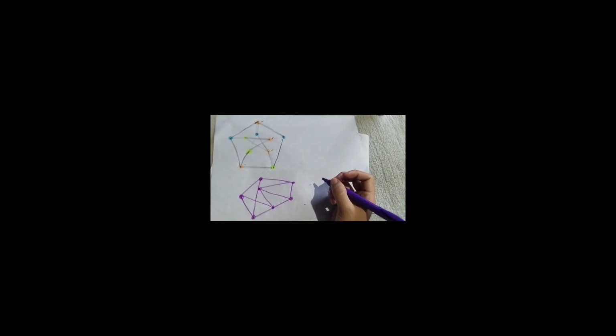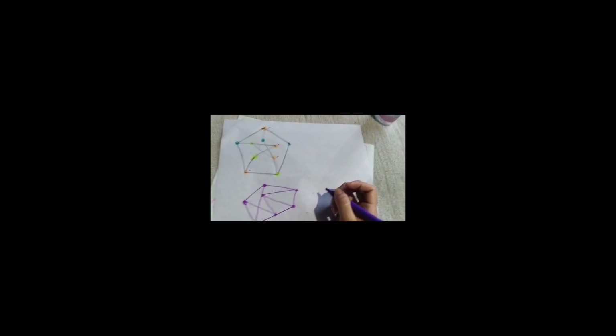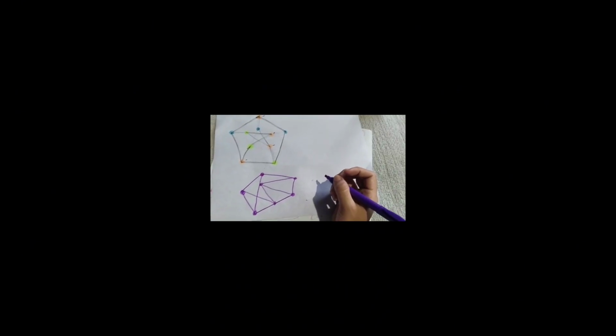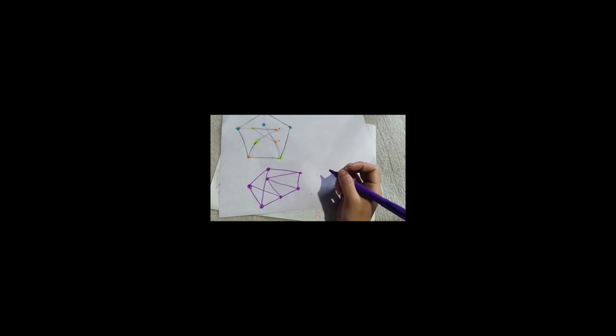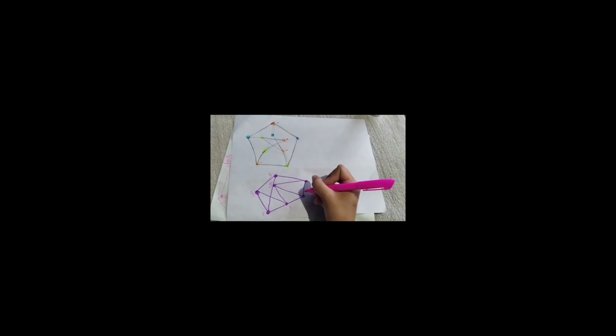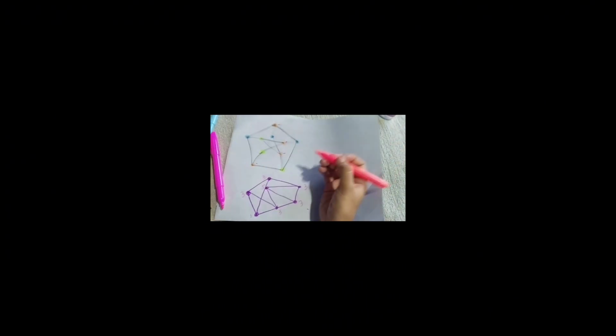Use the same color to color as many vertices as you can without coloring vertices joined by an edge of the same color. For this one, we have these degrees: 5, 3, 3, 3, 3, 3, and 3. We have this highest, which is the 5. This 5 is our highest, so we will color it.